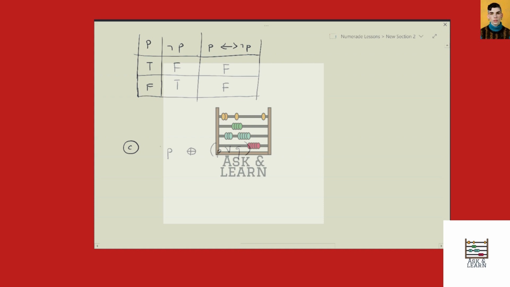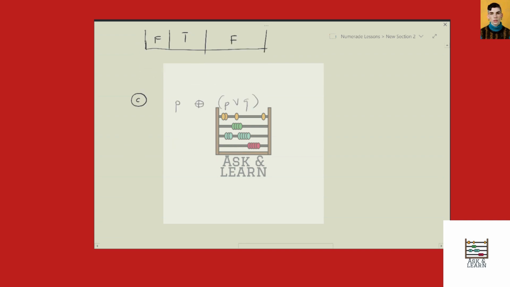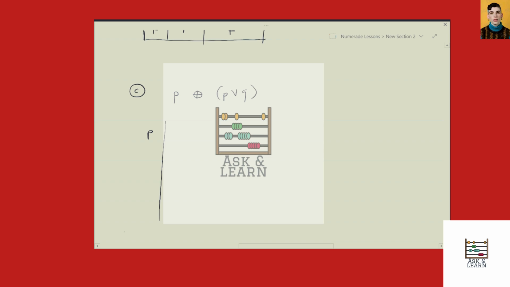So the P or either P or Q exclusively. Okay, so that's how it's read. Now let's look at the P. Here there's another one involved, so we'll be looking at the true and false, true, false, true, false. Okay.